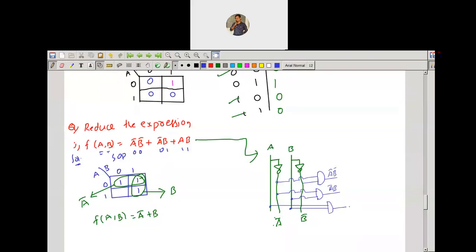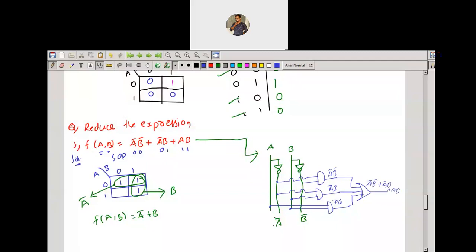Then we have to do the ORing of these three AND gates, so we use a three-input OR gate here. Let me show it with a clear OR symbol. Here you get the given function: A bar B bar plus A bar B plus A B bar.